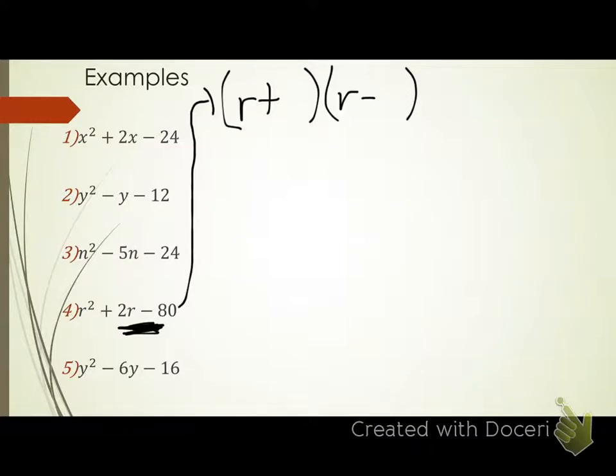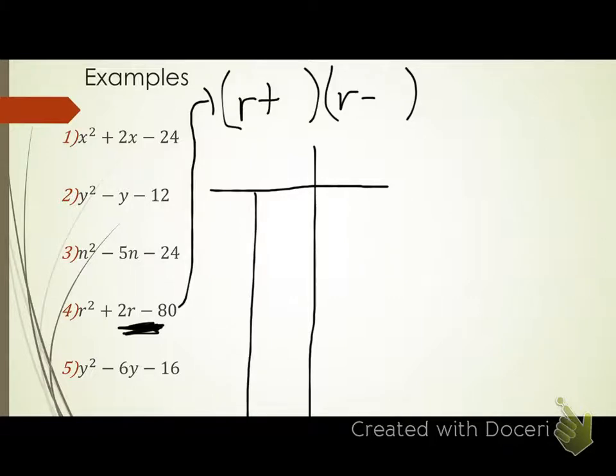All right, we got negative 80. Whew, that's a big one. I'm going to start my T-chart over here, and then I'll continue it over there to the right. So what goes in the first slot? Negative 80, and then positive 2.